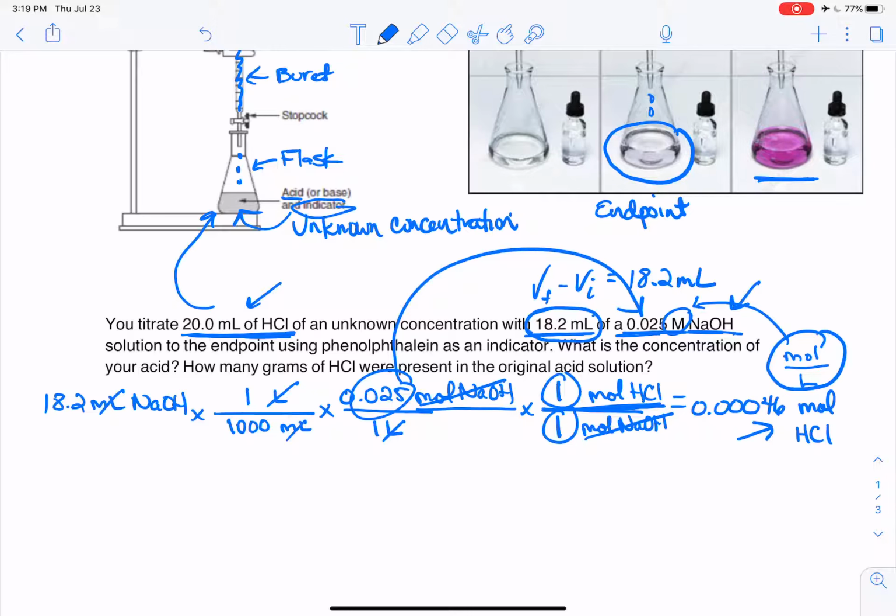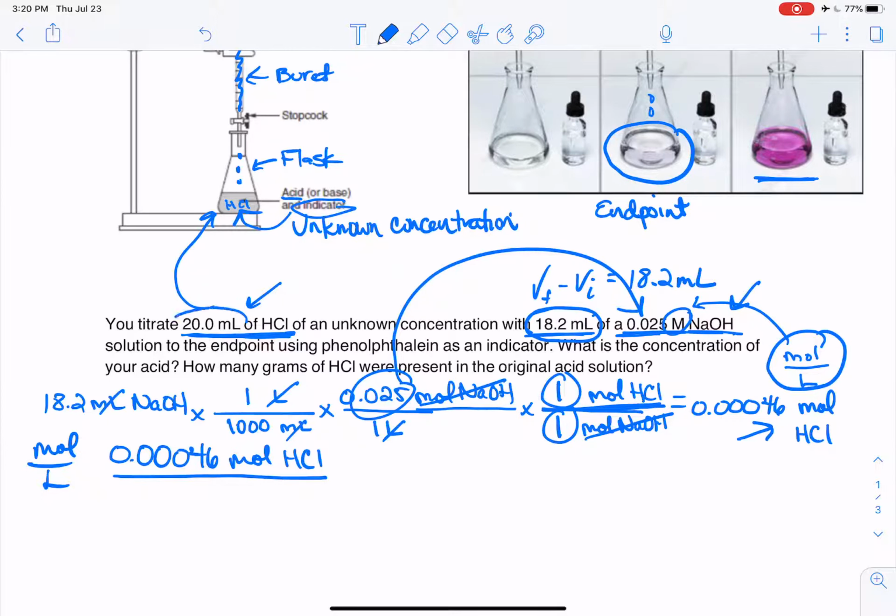So we've got 0.00046 moles of hydrochloric acid. And we want to do moles over a liter because that's molarity. So we're going to go ahead and plug that in. 0.00046 moles of hydrochloric acid. And then we need to divide that by how many liters those HCl's were sitting in.